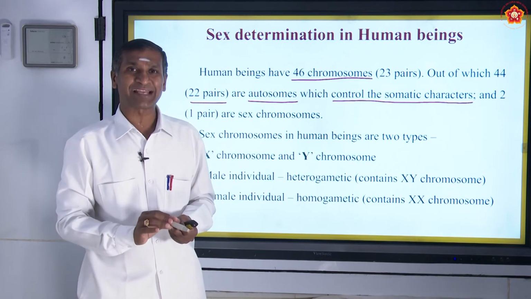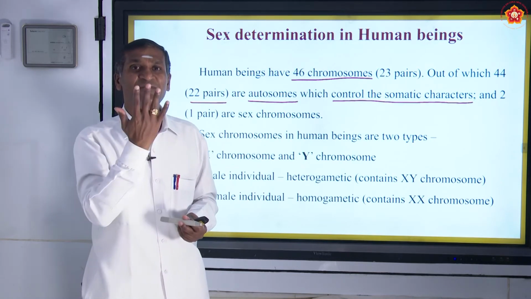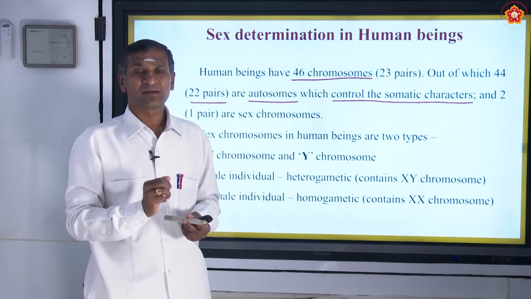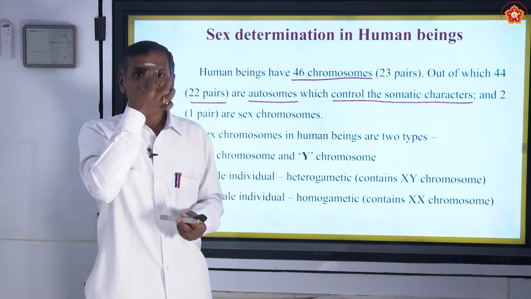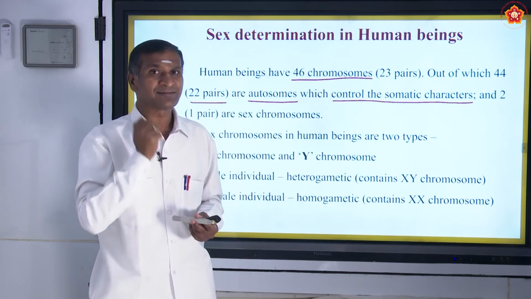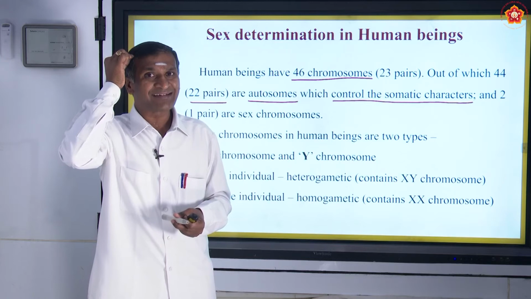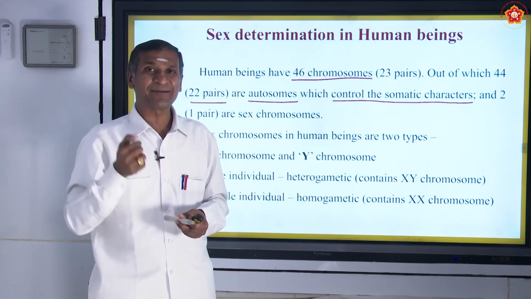What are the somatic characters? Size of the fingers, color of the eyeball, shape of the nose, shape of the ear pinna, color of the skin, shape of the ear, color of the hair.